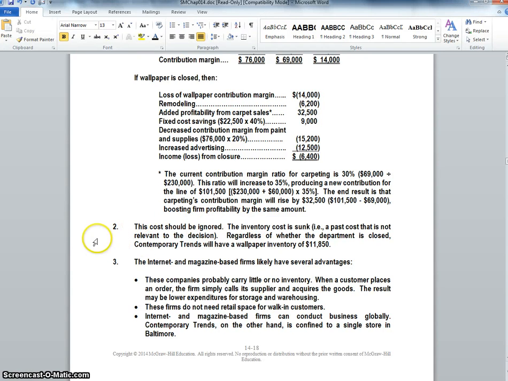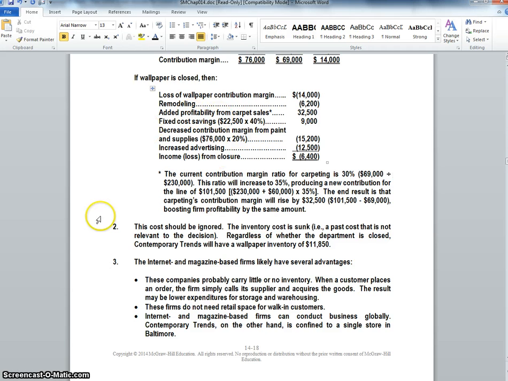So again, the key theme here in part 2 is understanding what is a relevant cost, what is relevant to decision making. And then part 3, I think this is a really interesting question and one that you could have a lot of play with. Recall that in each of these decisions, there's a qualitative aspect and a quantitative aspect to the decision making.